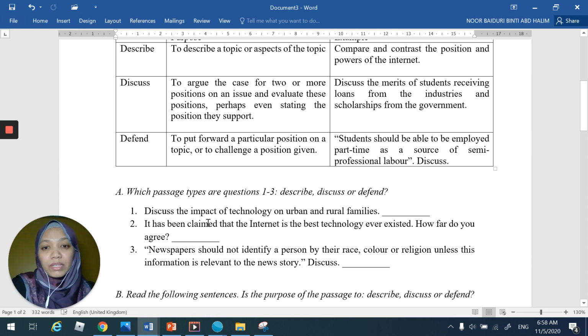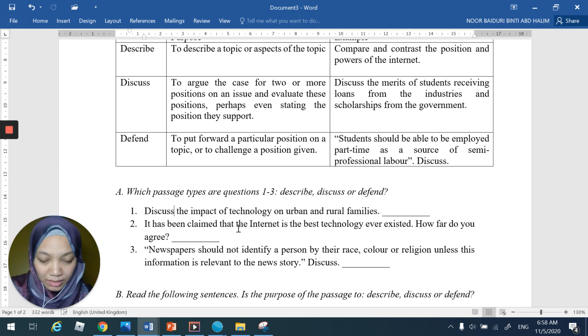Which passage types are questions 1 until 3? Describe, discuss, or defend? Number 1: Discuss the impact of technology on urban and rural families. All right, this is quite obvious. You can see the word discuss. So, what do you expect to see in the article? Meaning the author would be talking about all the possible impacts.